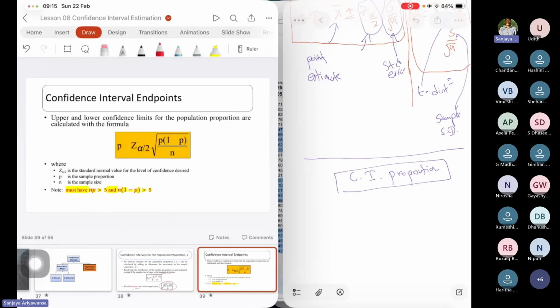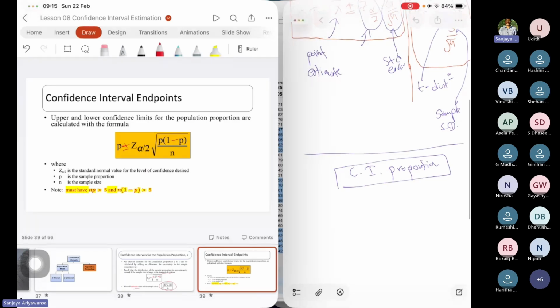And what is the equation for the confidence interval? You have P plus or minus Z alpha over 2 times the standard error, because a confidence interval is always the point estimate, which is P, plus or minus. When we are looking at confidence intervals for proportions, we are using the standard normal distribution, so you have Z multiplied by the standard error.